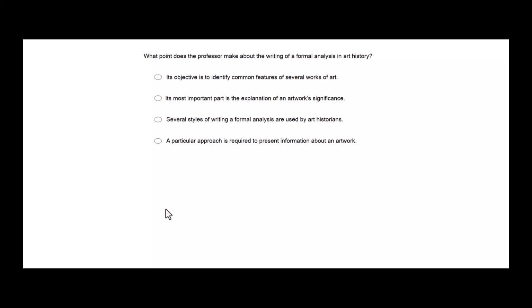But in order to make sure about the correctness of this option, we check it. A particular approach is required to present information about an artwork. Exactly. This is the same thing that the professor made about the writing of a formal analysis in art history.